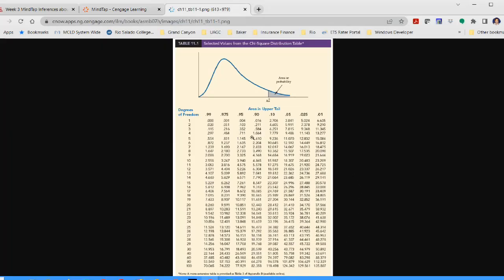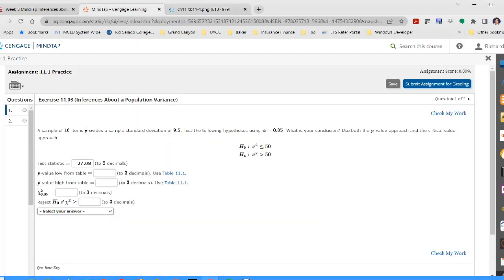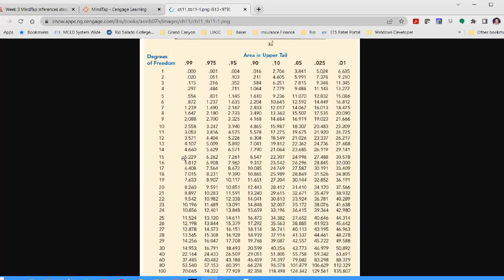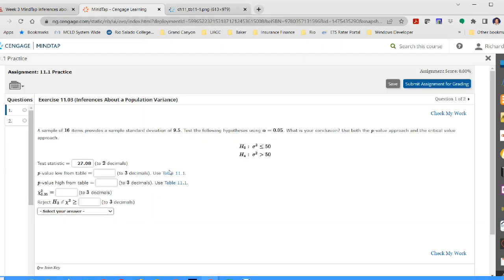Okay. So what we're going to do is look at, first of all, the degrees of freedom, which is n minus 1. Remember our n was 16, so our degrees of freedom, n minus 1, is 15. So I'm going to go to row 15 under the degrees of freedom, and I'm going to scan across, and I'm looking for that chi-squared number in this chart, the chi-squared number being 27.08.